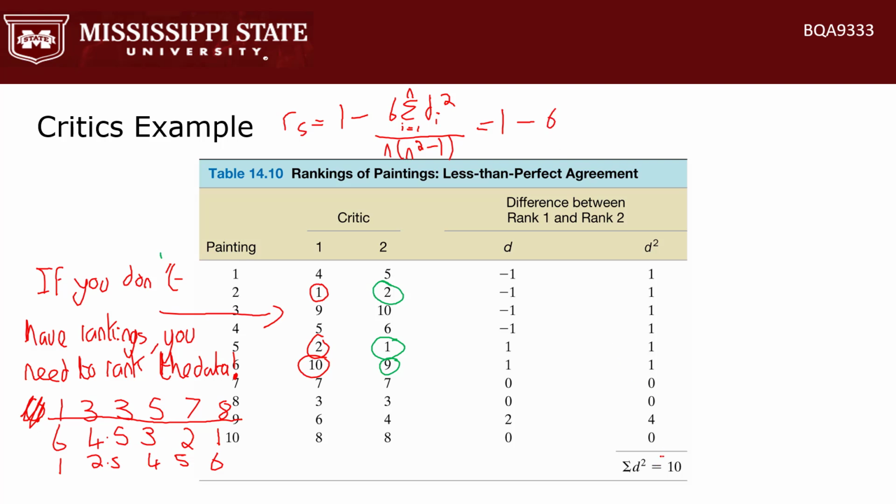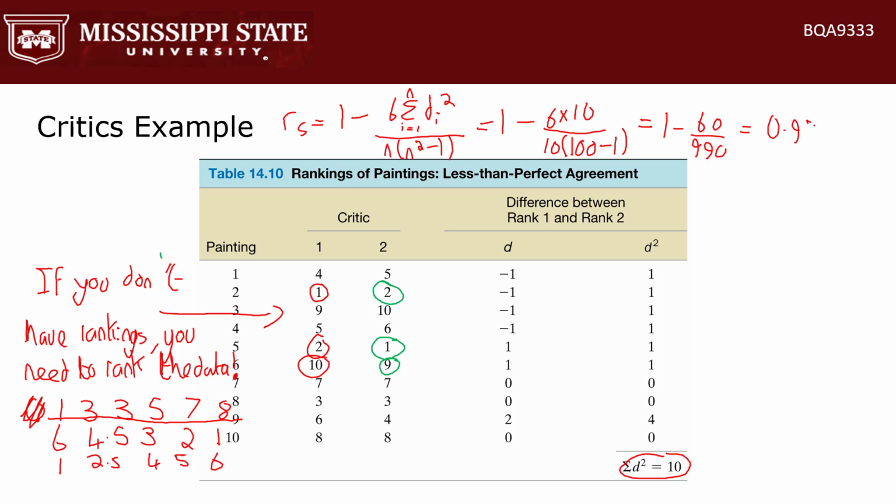We've just calculated sigma d squared here, all over the maximum possible. So that's 10, 100 n squared minus 1. And that gives us 1 minus 60 all over 990, which is equal to this.